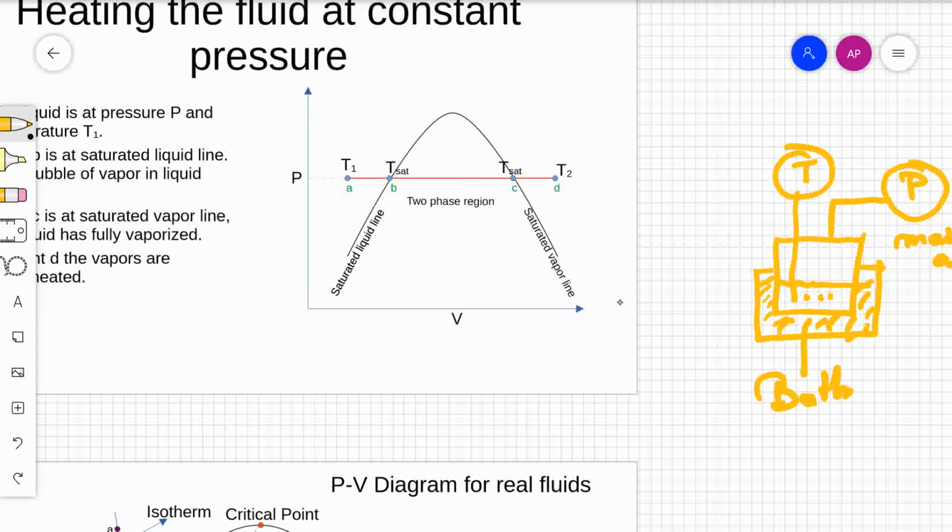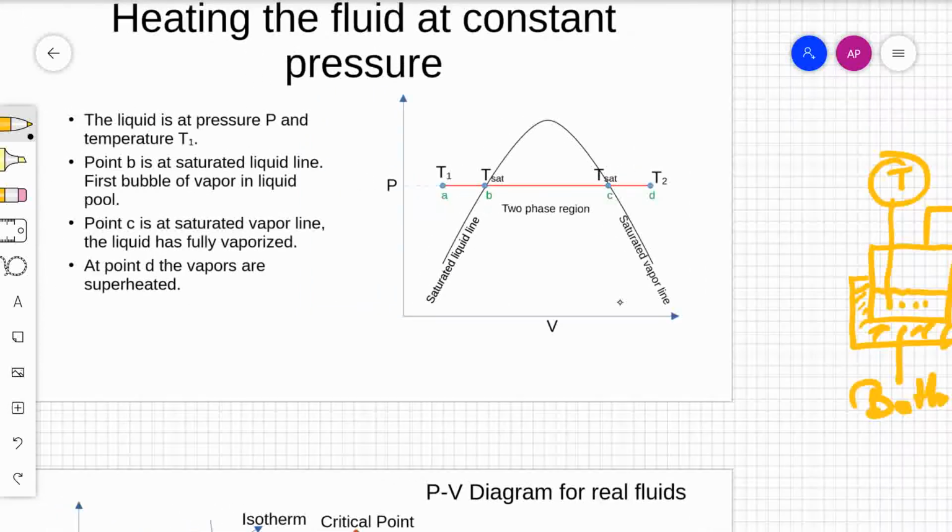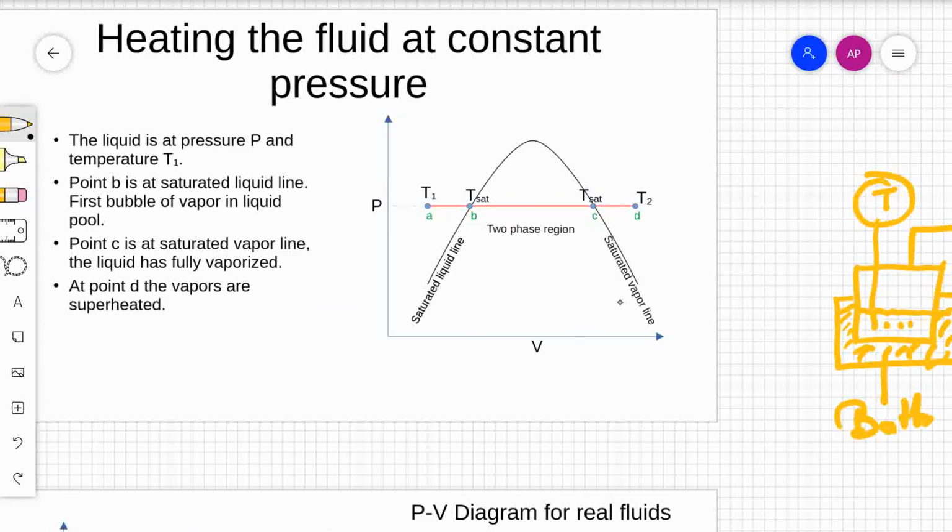Now, point A in this diagram, which is on the left, is a supercooled liquid. It's a liquid which does not have any vapor. When you start heating it, it reaches point B, which is nothing but the saturated liquid state.